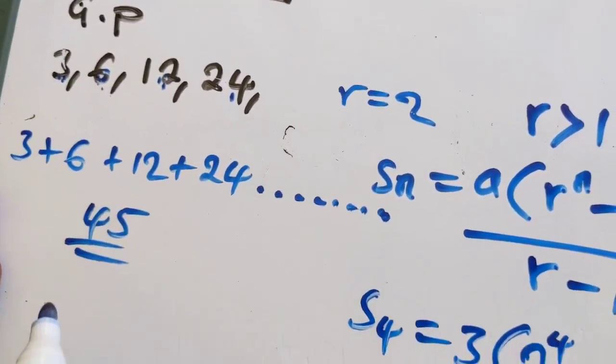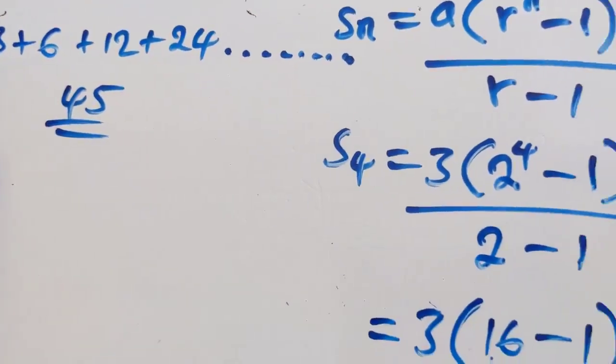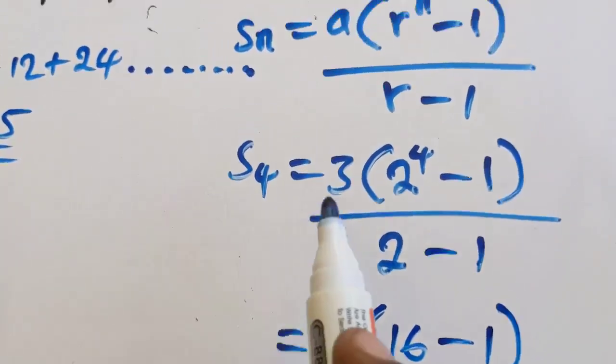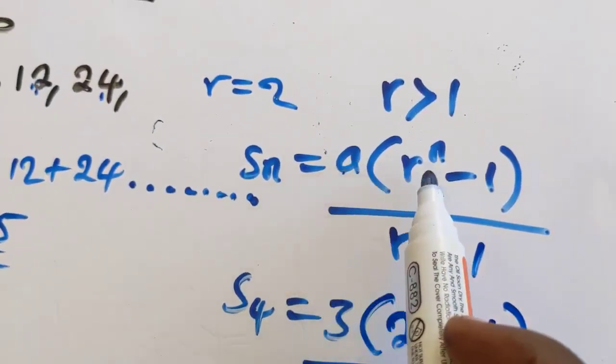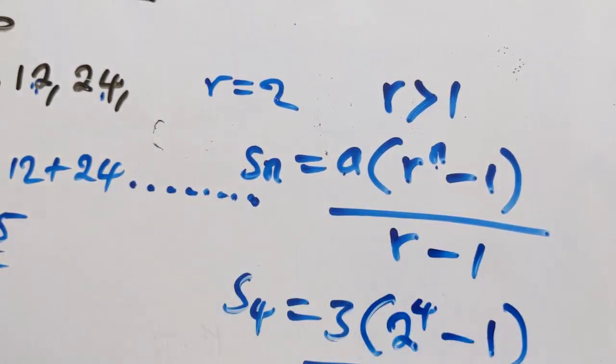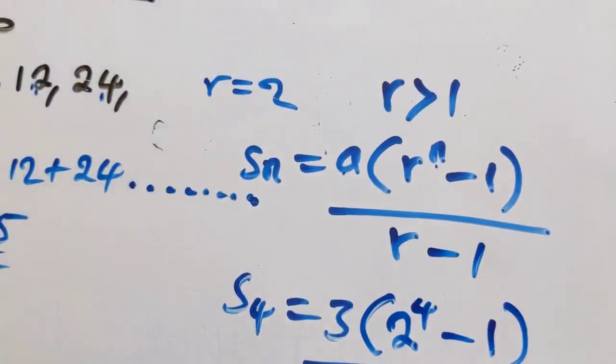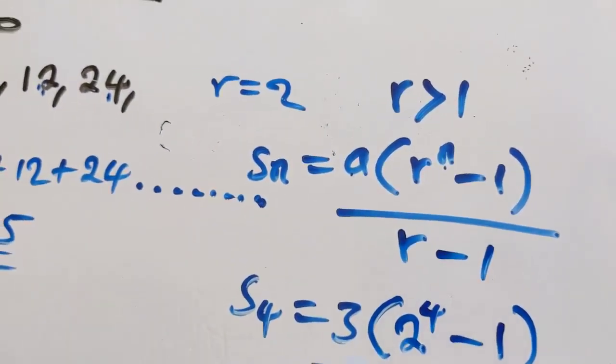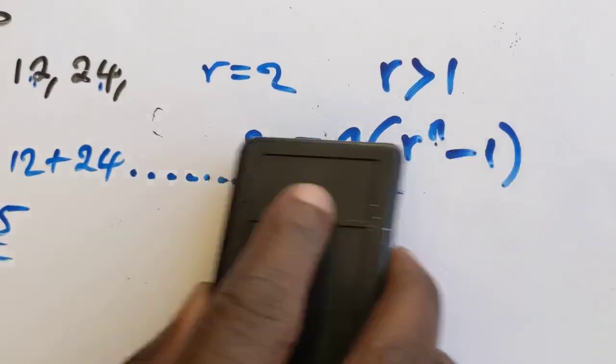The simplest formula is this one. Suppose you have the first term, the common ratio, and the number of terms, you'll be able to calculate the sum of a geometric progression.